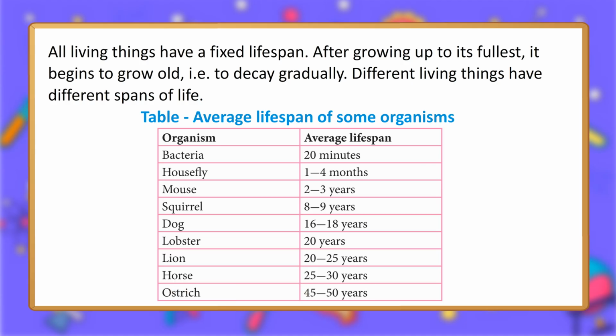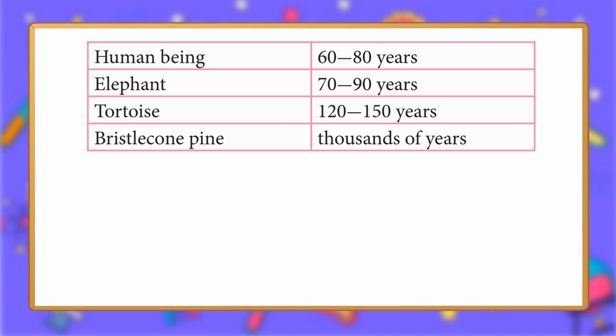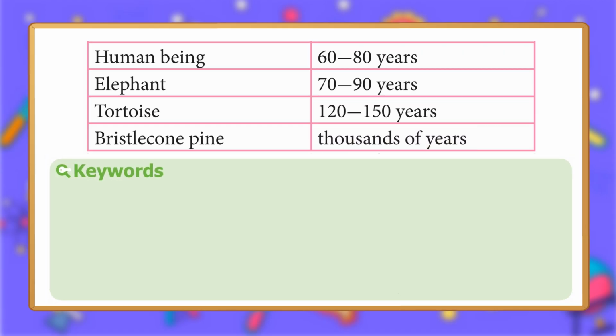Ostrich: 45 to 50 years. Human being: 60 to 80 years. Elephant: 70 to 90 years. Tortoise: 120 to 150 years. Bristlecone pine: thousands of years.